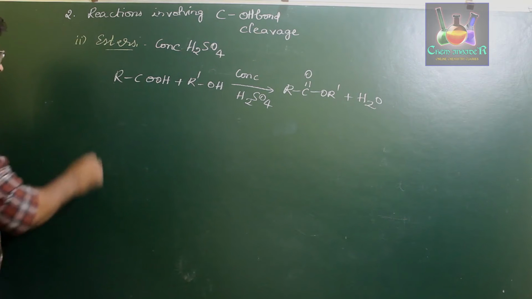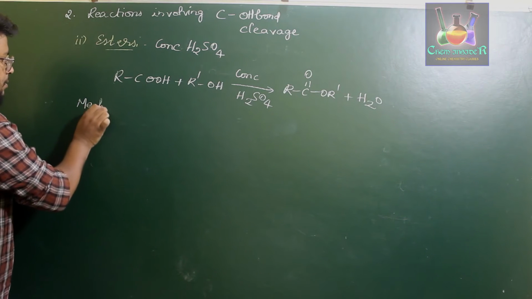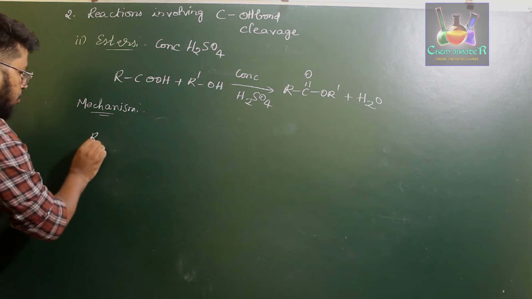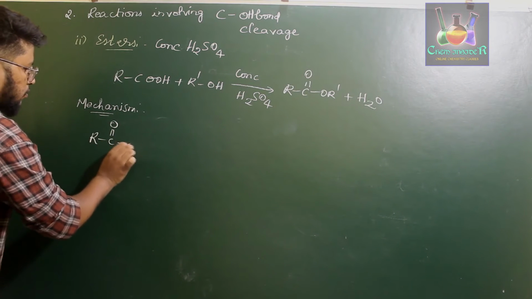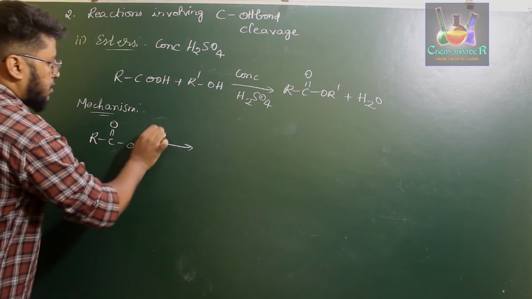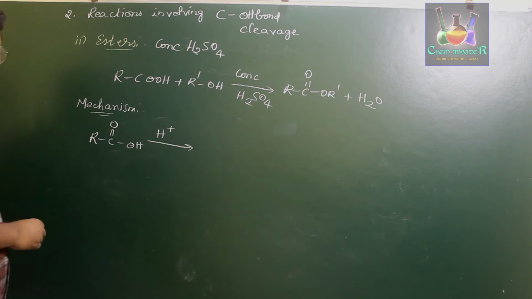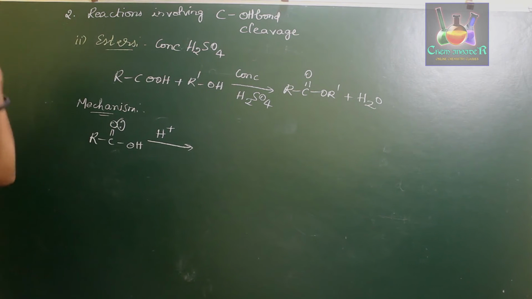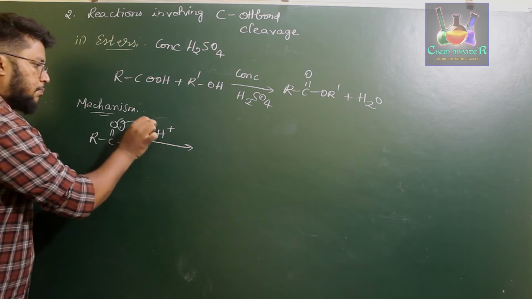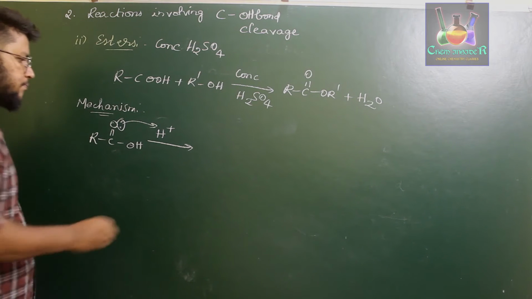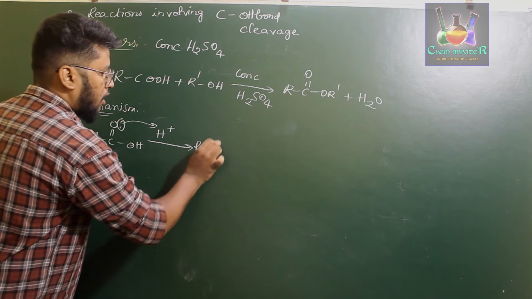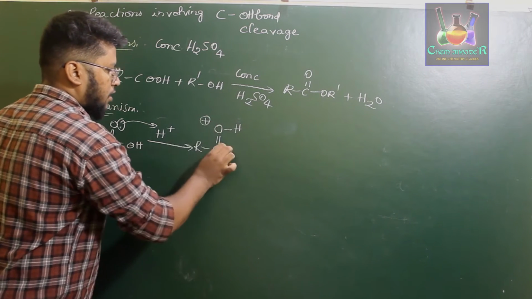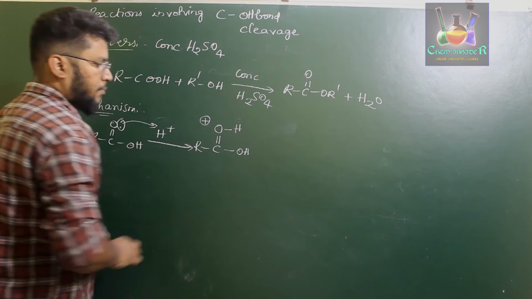So now for the mechanism of this reaction, what happens is, the carboxylic group RCOOH, when it is treated with acid H plus ion, the lone pair of electrons present on the carbonyl oxygen attacks this particular proton to form OH plus, leading to the formation of RC double bond OH with a positive charge and an OH group present here.